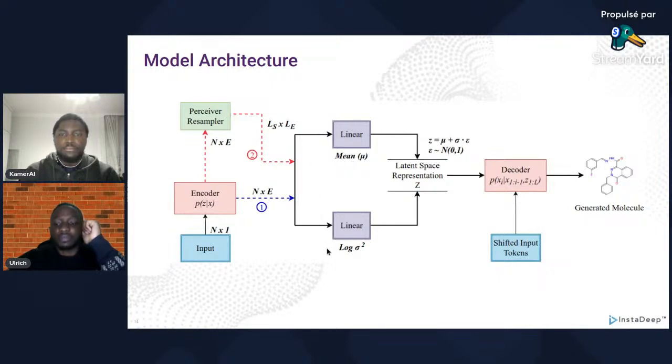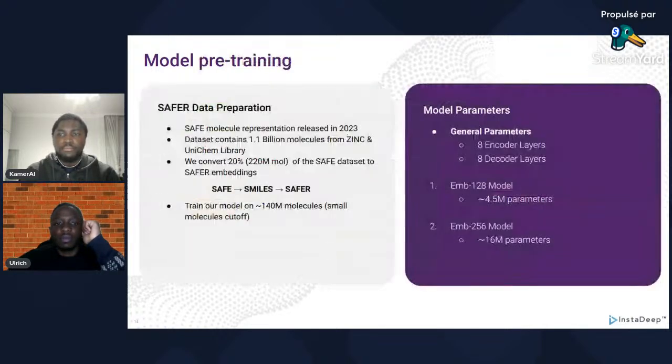Okay, then in terms of training the model, when the SAFE paper came, in their training, they had curated a large dataset of around 1.1 billion molecules, mainly from two popular libraries in the field. There's a lot of molecules, so it's the ZINC dataset and the UniChem library.